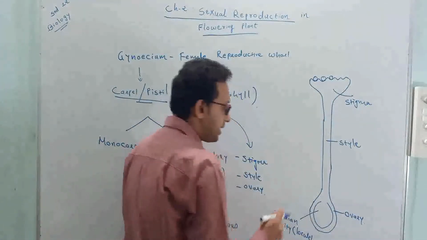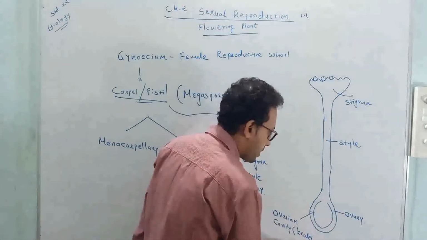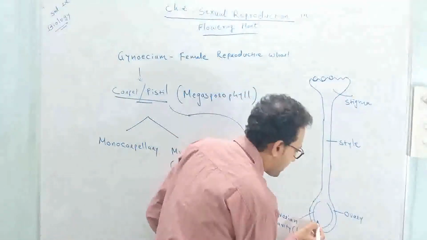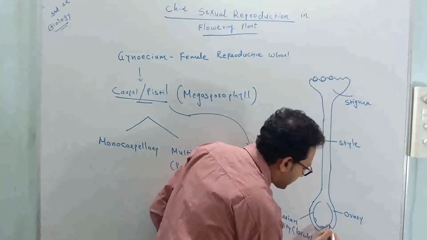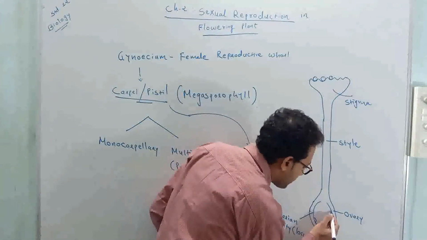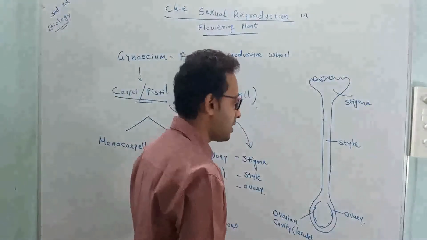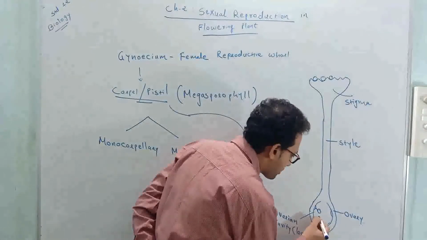This ovarian cavity, or the locules, contains a placenta. What does it contain? Placenta. From this placenta the ovules are attached.